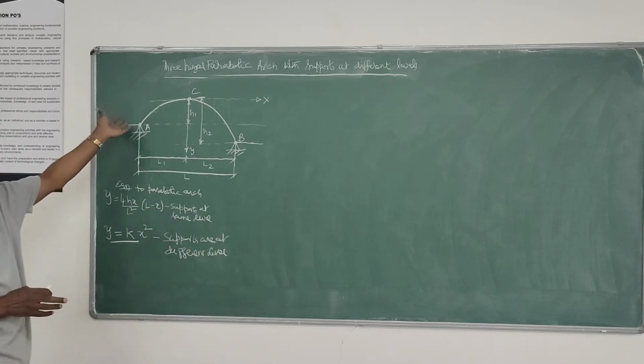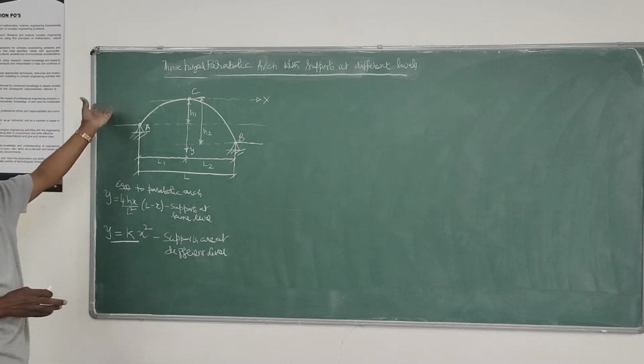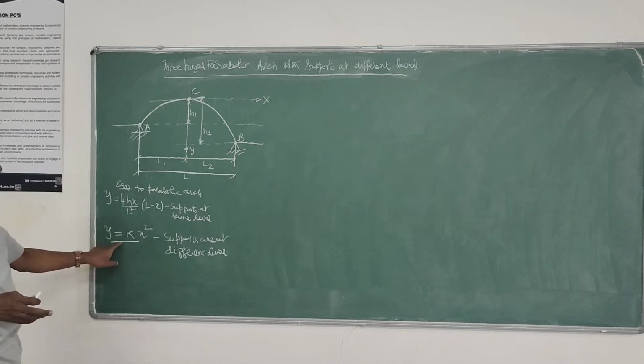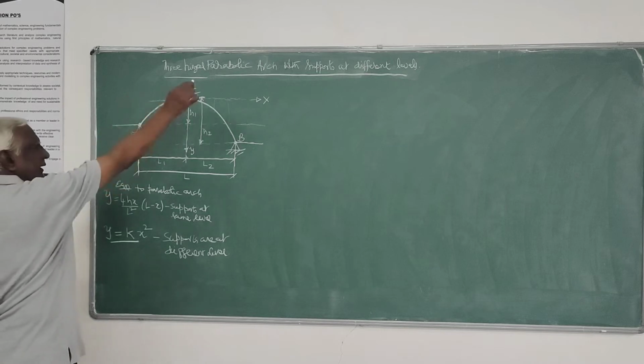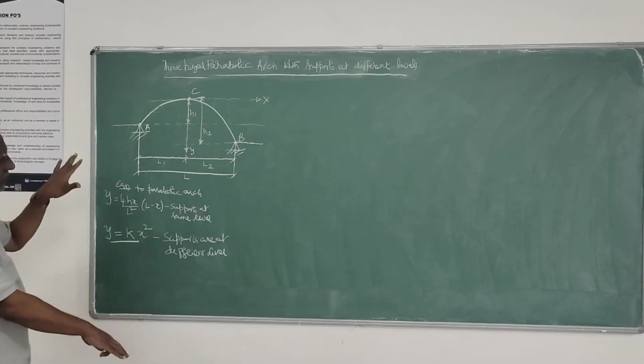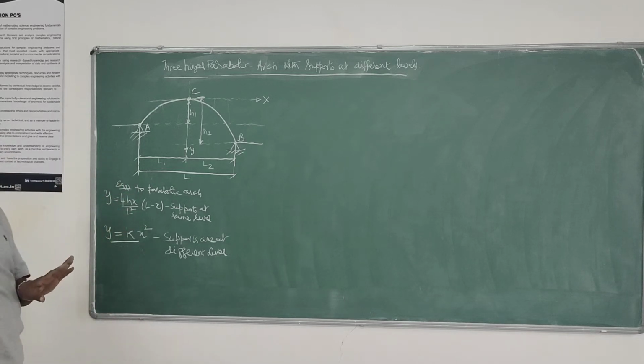So whenever an arch with supports at different levels is given, for whatever loading, we just use this equation instead of the earlier equation for calculating the normal thrust and radial shear. But for calculation of the vertical reaction and horizontal reaction, the procedure is the same.